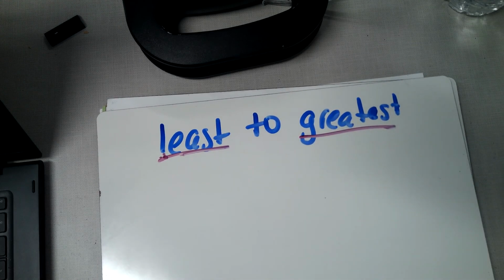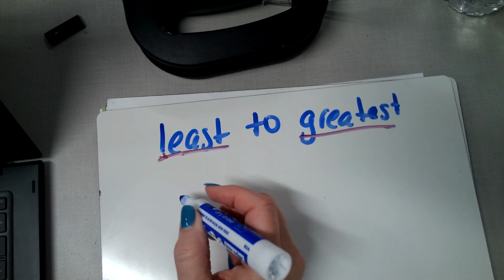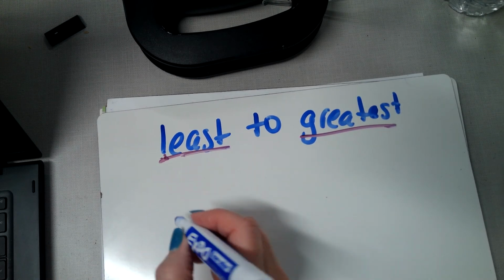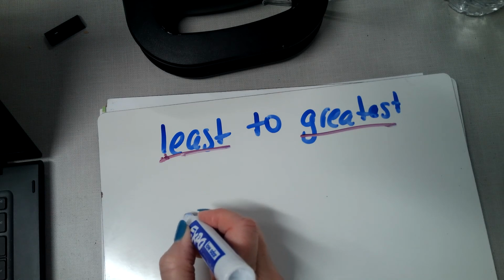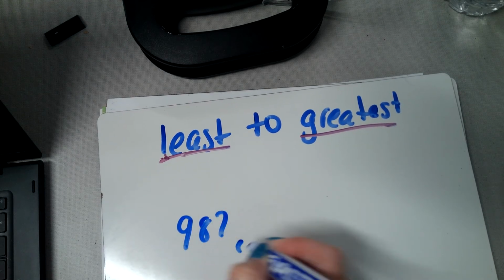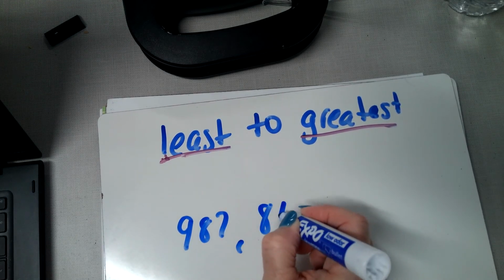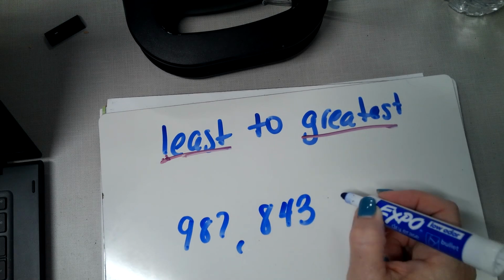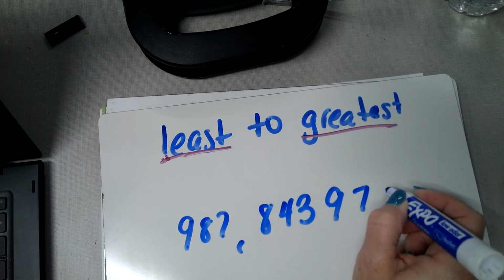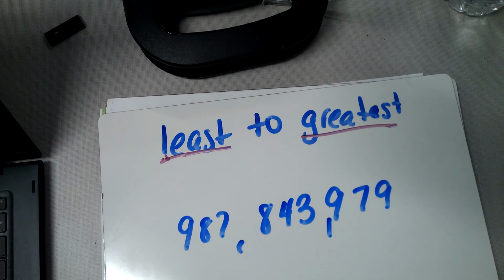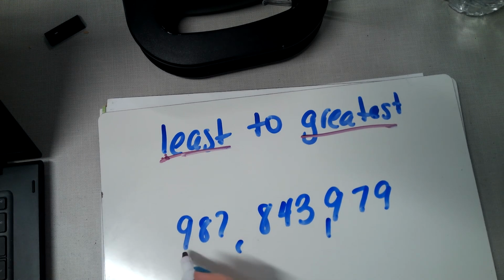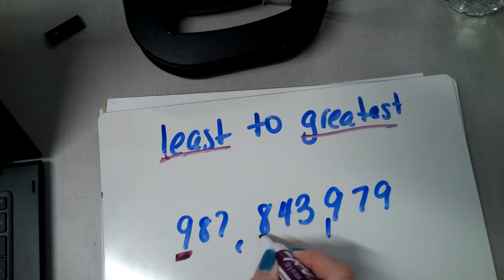All right, let's try that one more time. If I'm comparing numbers from least to greatest, let's see, I'm going to have 987, 843, and 979. Okay, if I'm comparing these numbers, I look at the number furthest to the left.